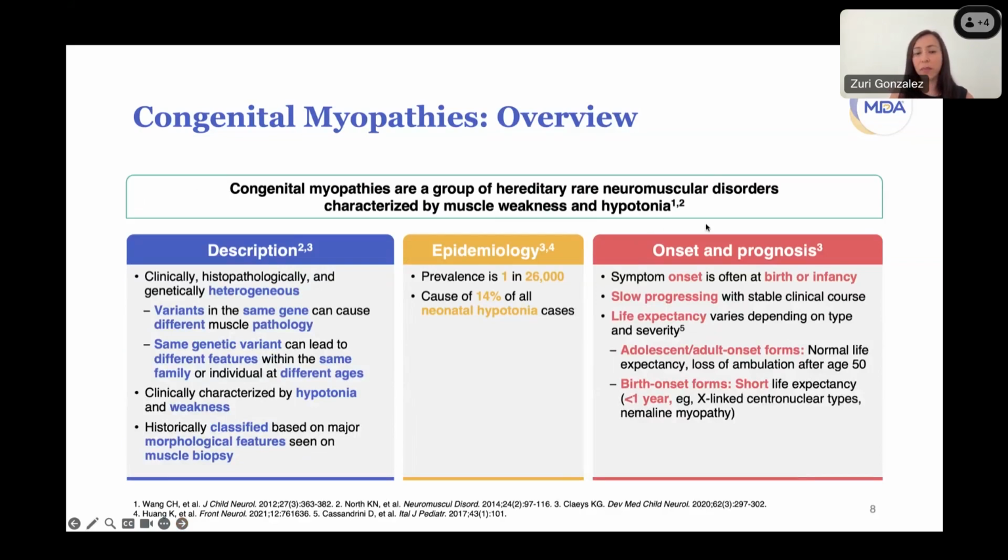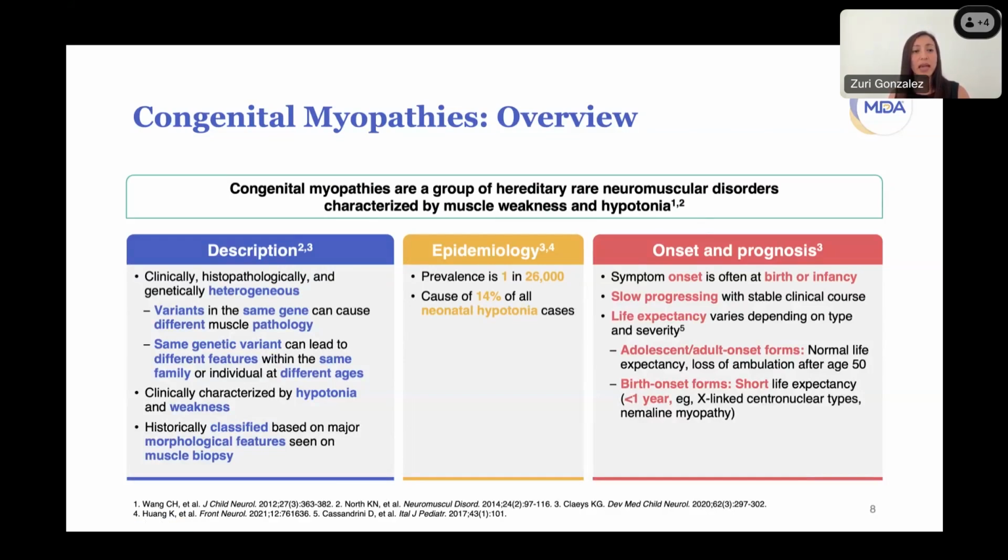In general, when we think about congenital myopathies, it is a group of hereditary rare neuromuscular disorders characterized mainly by muscle weakness and hypotonia. However, we do know that the muscle weakness and hypotonia are non-specific for congenital myopathies.